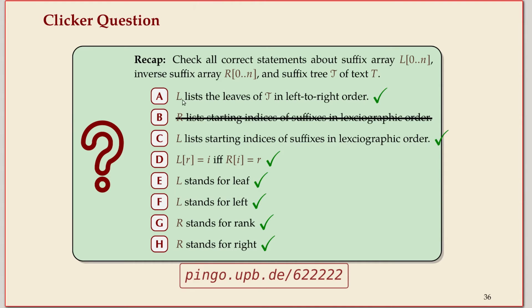So yes, L is the suffix array, which stands for leaves or left. Left was this picture where we had the suffixes in text order on the left, and then the picture where the suffixes were sorted lexicographically.